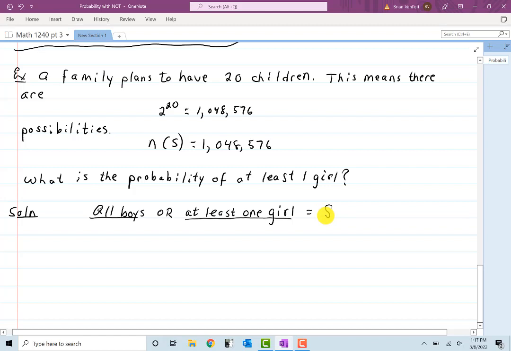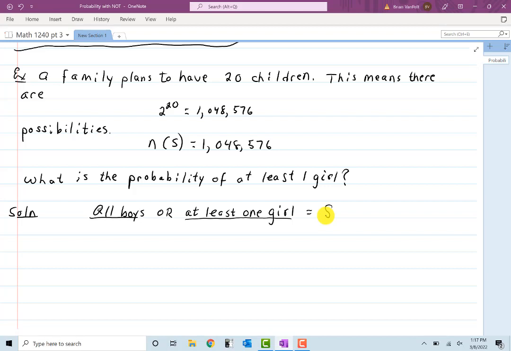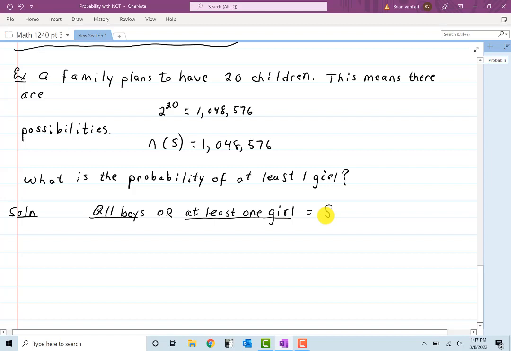Obviously, if I look at the items contained within all boys and at least one girl, that's the empty set. So I can apply what I want. I have the probability of all boys plus the probability of at least one girl equals 1.